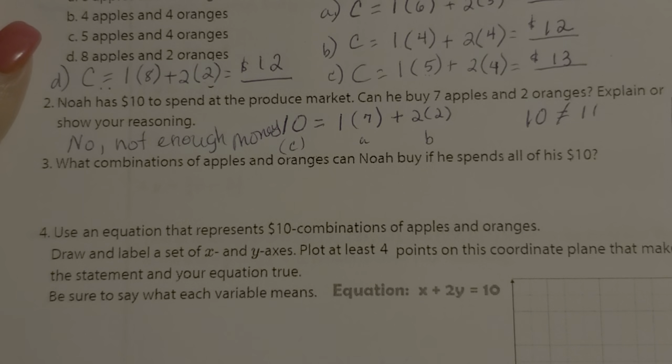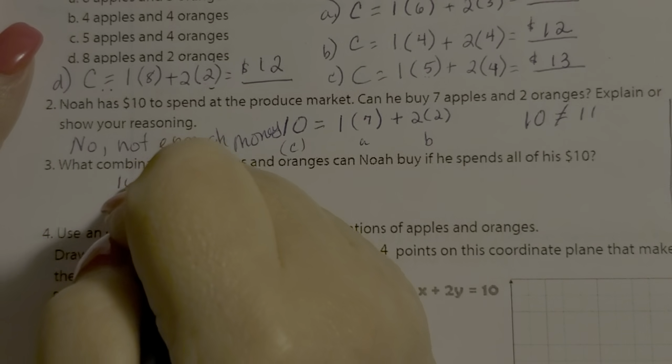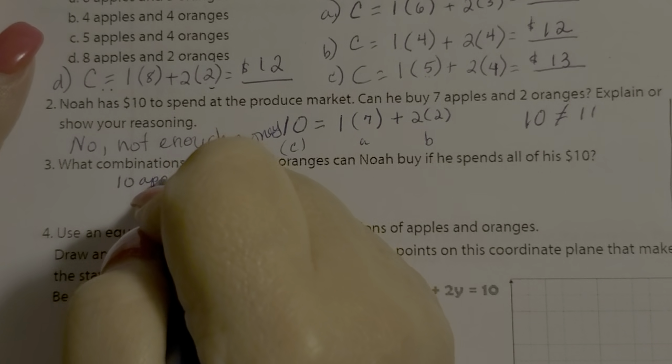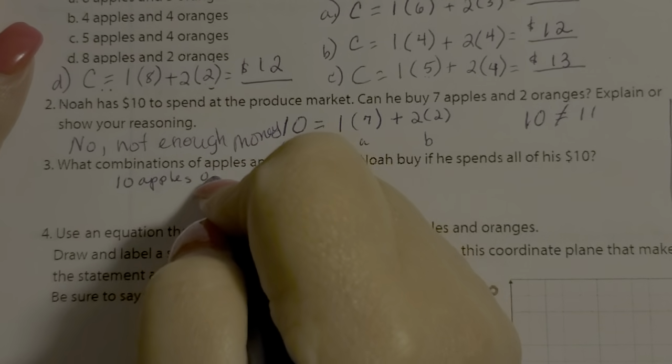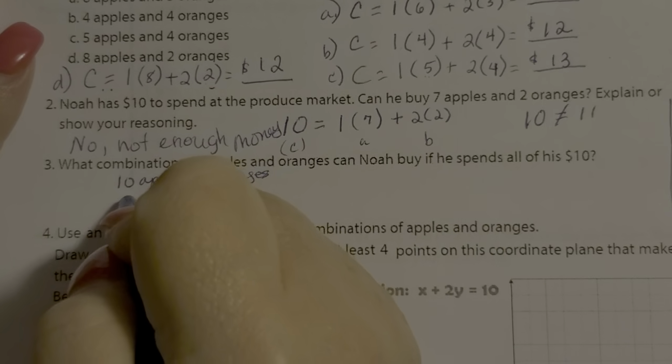Question 3 asks, what combinations of apples and oranges can Noah buy if he spends all of his $10? Well, let's start with one thing that we know. He can buy 10 apples and no oranges. And he can buy no apples.